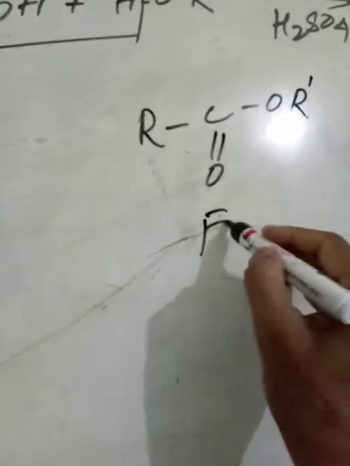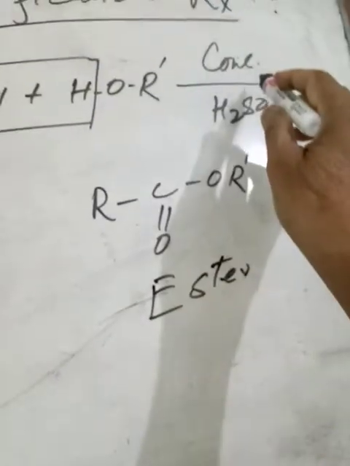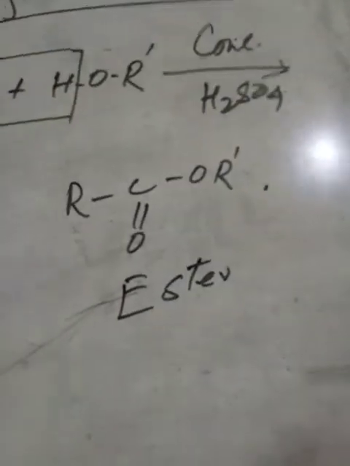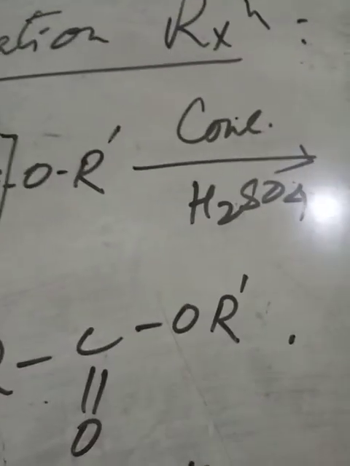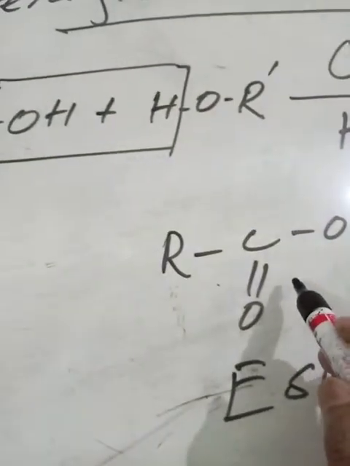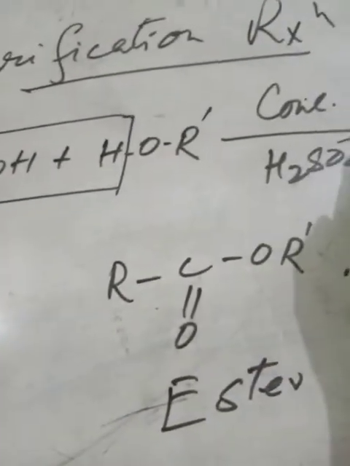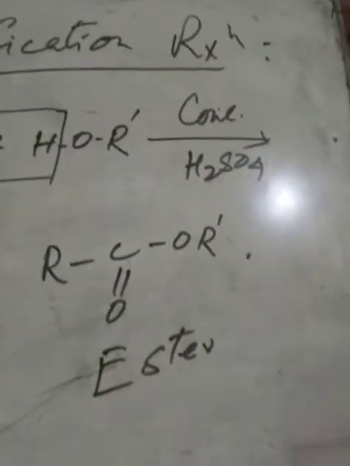This is an ester. And this water molecule will be absorbed by concentrated sulfuric acid. If concentrated sulfuric acid is not taken here, then water will form and hydrolyze this ester, forming acid and alcohol. So the reaction is continued in presence of concentrated sulfuric acid.